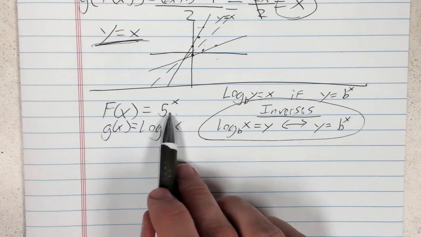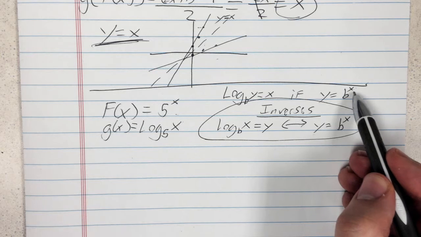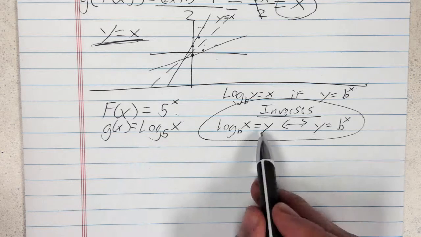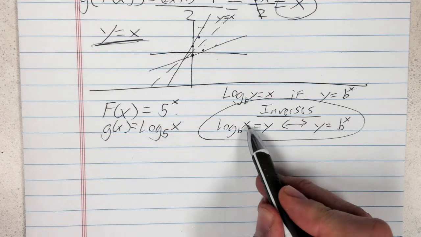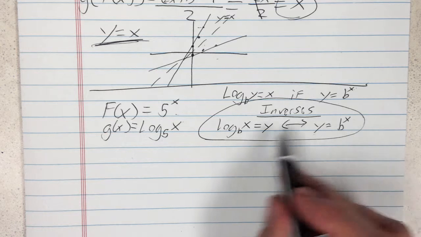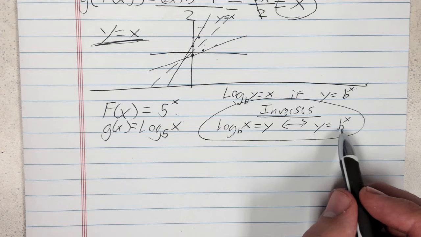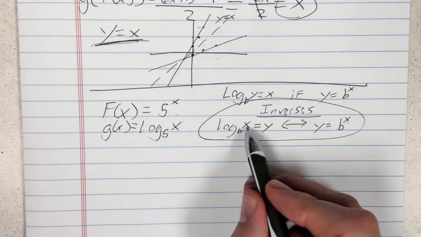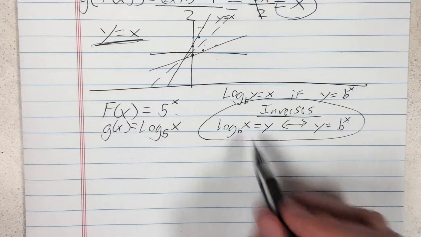So here, 5 to the power of x equals y. It comes over here, and we get y equals 5 to the power of x. So finding the inverse isn't that hard. You're just transferring from base and exponent, to log of base to that number.